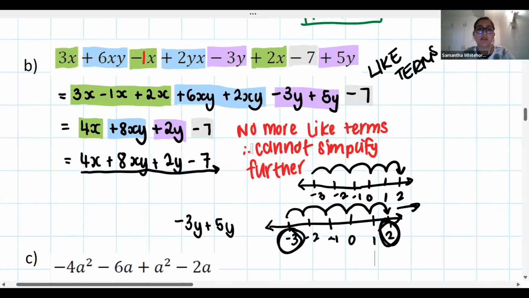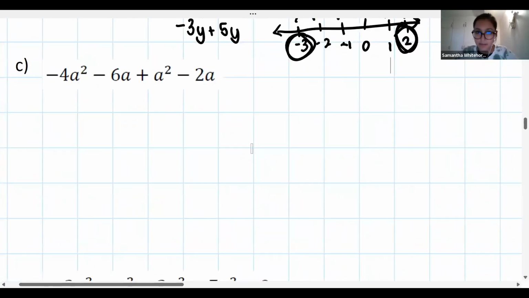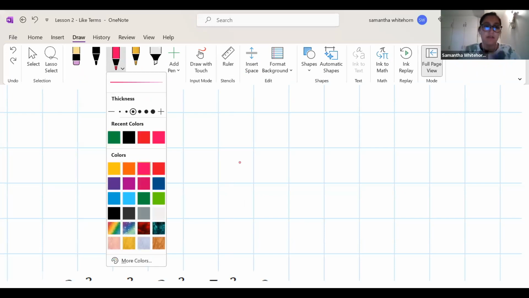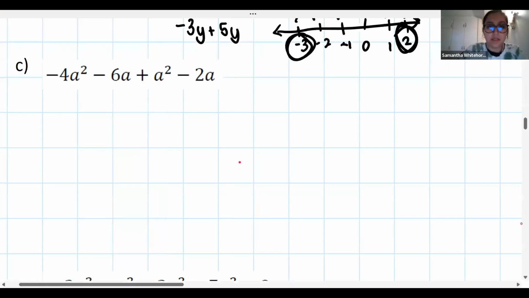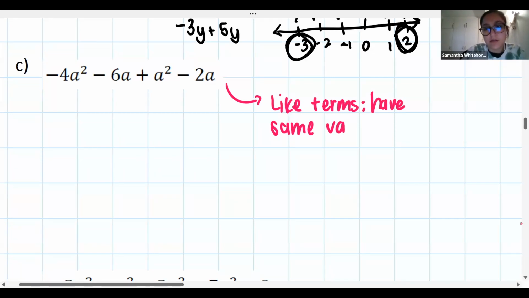So if we now have a look at C, hopefully what we're noticing is that now we've got exponents. Just to refresh your memory, because this is now going to be important moving forward, like terms have the same variable or variables. As we saw, it could be X and Y. And very importantly, the same exponents.